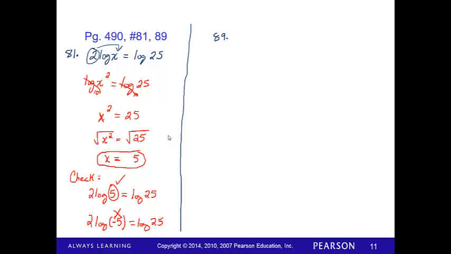All right, now 89. Still solving log equations, and it says the natural log of x minus 4 plus the natural log of x plus 1 equals the natural log of x minus 8.